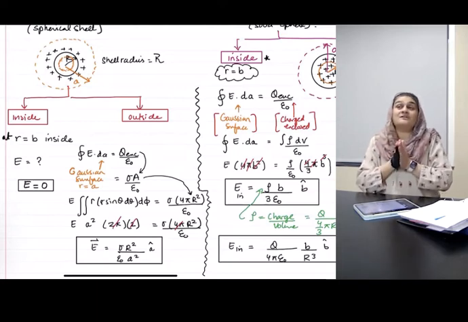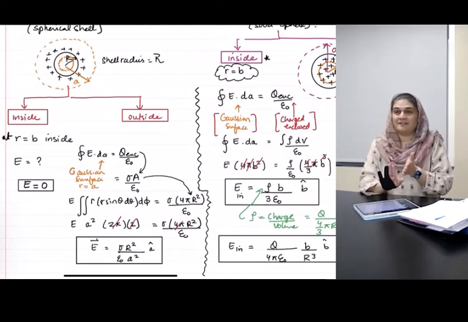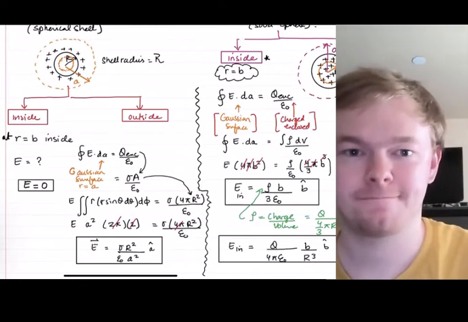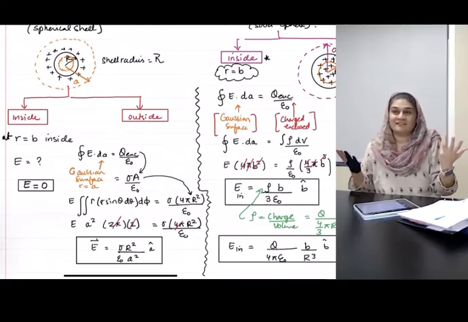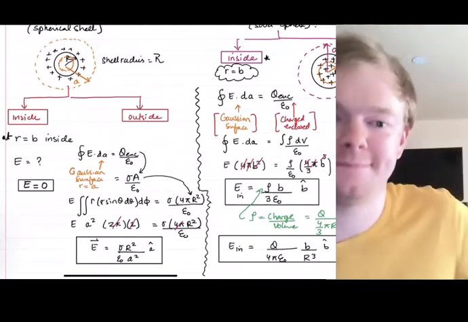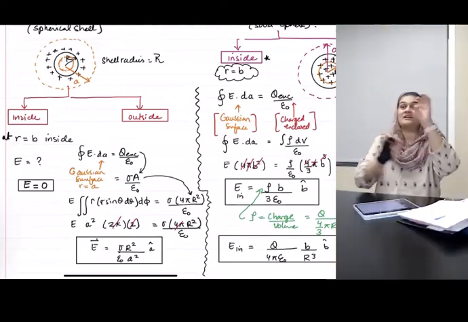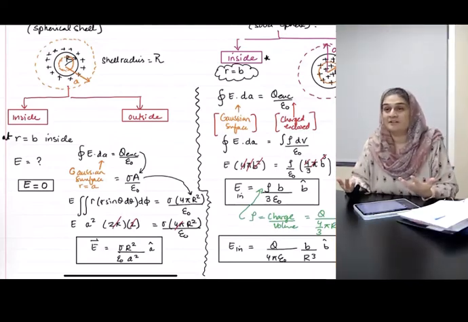Where does the charge reside in an empty shell? Only on the shell itself, right? So even if you were to take the dV, what's inside the dV? Nothing. So you can't use it. But if you have a filled one where there's charge everywhere, then you have to use the volume integral.